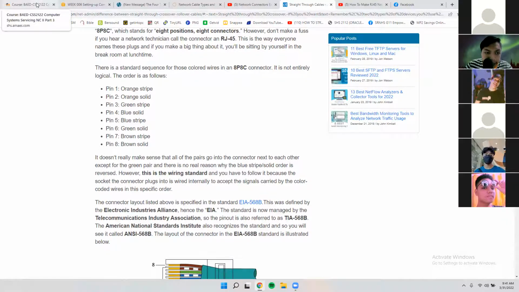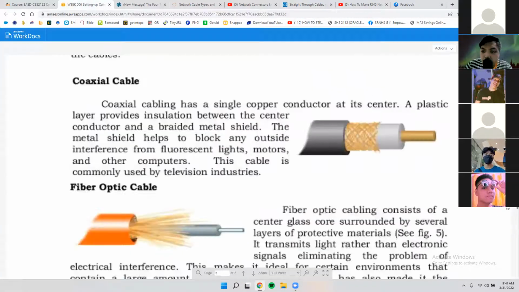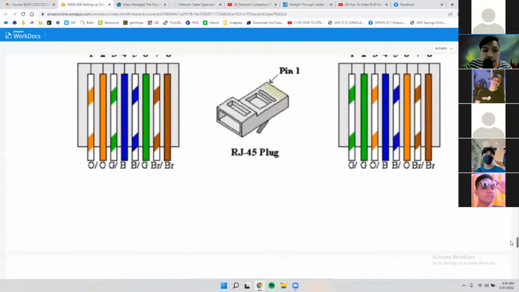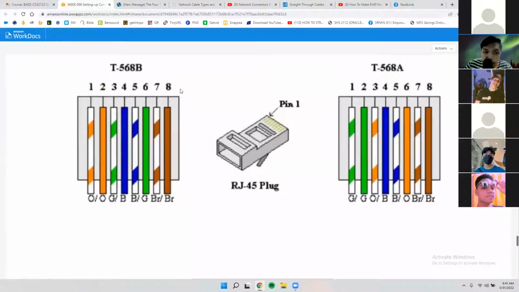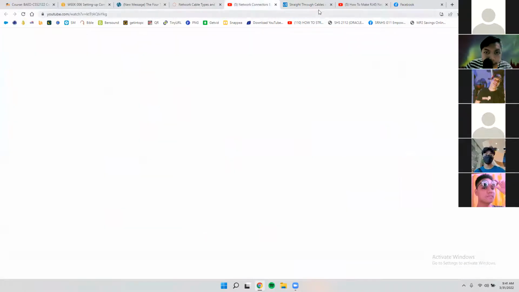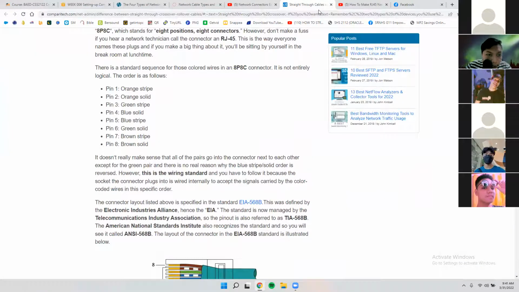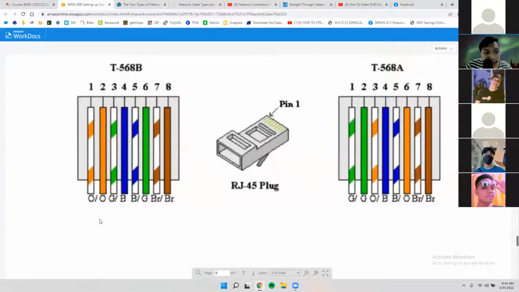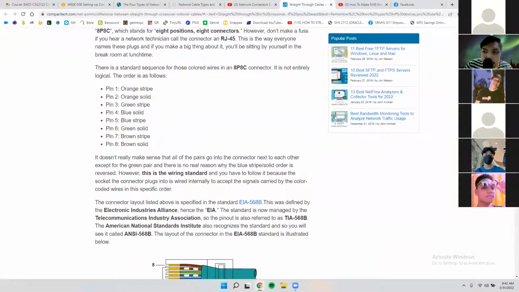Dito yan. Pakita ko ulit. Okay, this one yun. Okay, orange-white, orange. Okay, ito po yun. So, yun yung order niya with regards doon sa ating UTP cable. Balik tayo.